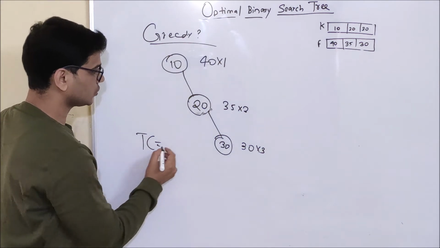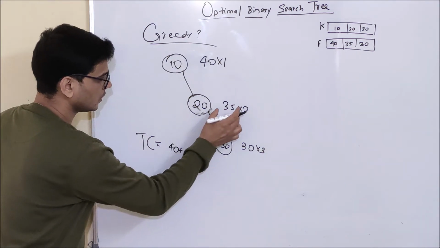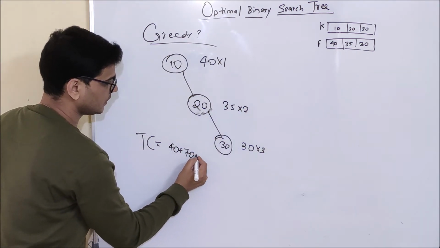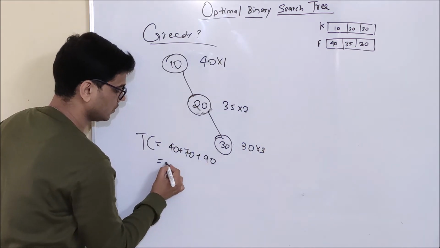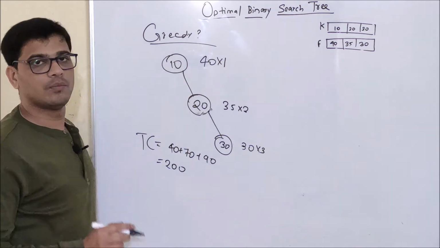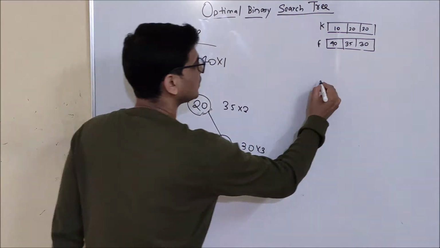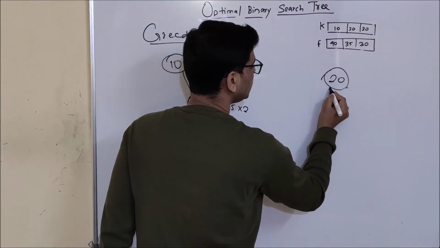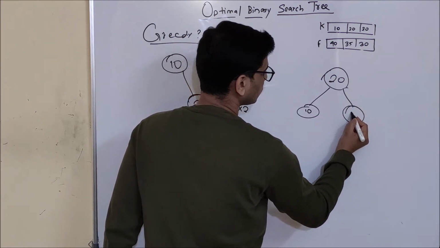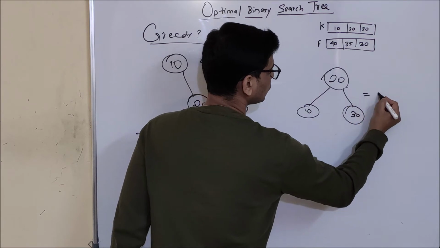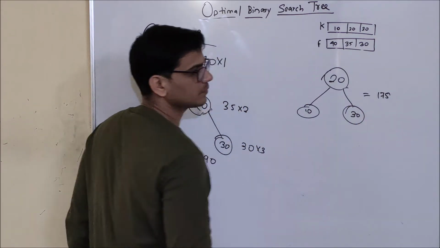The total cost is 40 plus 70 plus 90, so 200. But we know that this BST cost is 175.